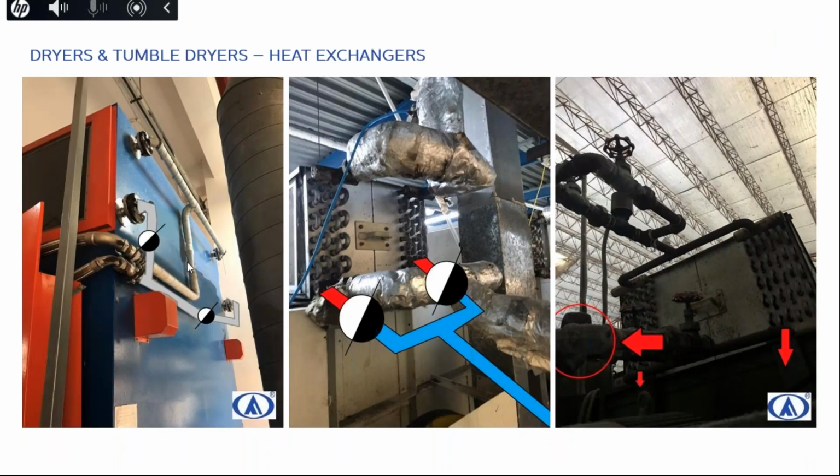And also grouping, as you see here, for example, the 2 plate heat exchangers on top of the tumble dryers for the textile industry. There are 2 inlets for the heat exchangers, and there should be 2 outlets with 2 steam trap units.